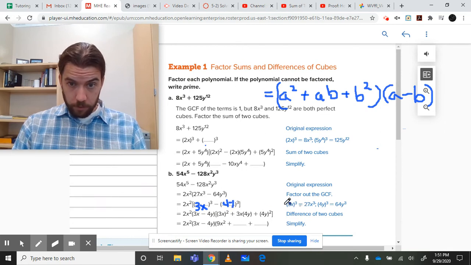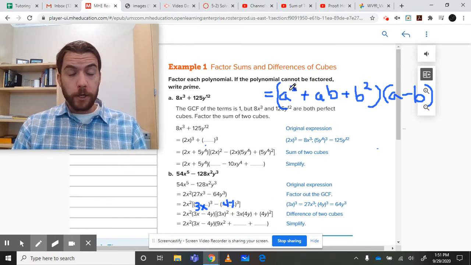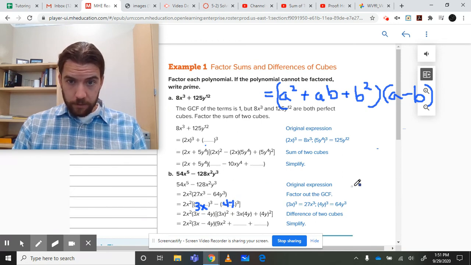If I had only been smart enough to look over here, I would have seen that that was already spelled out for me. Okay, so the difference of cubes, we're just going to plug it into our identity. This is my A, this is my B. My A is 3x. My B is 4y.